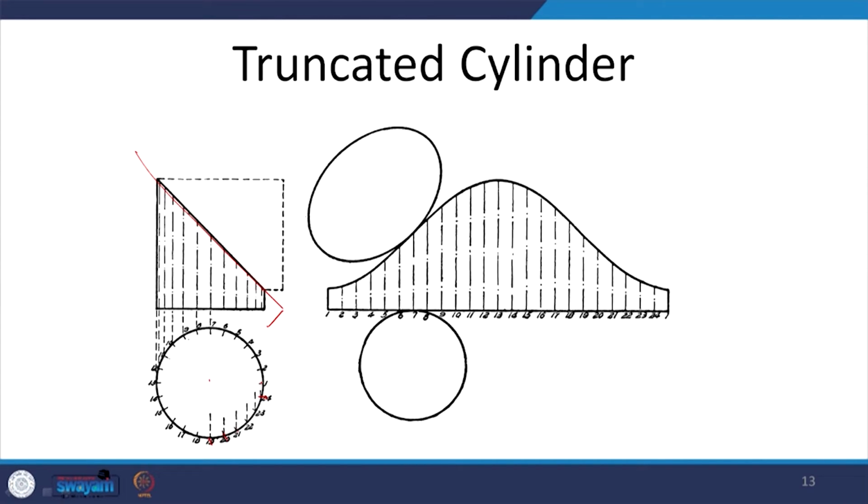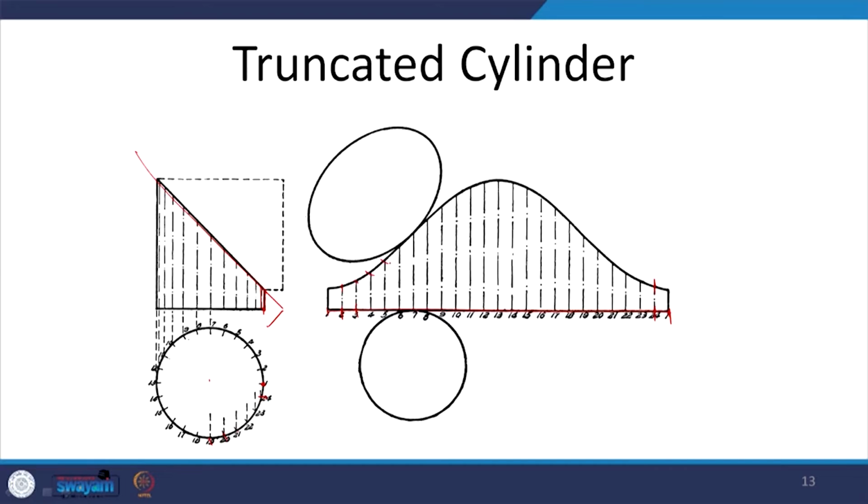All we are going to do is just open the surface up. This is again equal to the circumference of the circle, and we are dividing it into 24 equal parts. Now the height for each part, starting with this, this is for 1, then 2, and 24 like this.